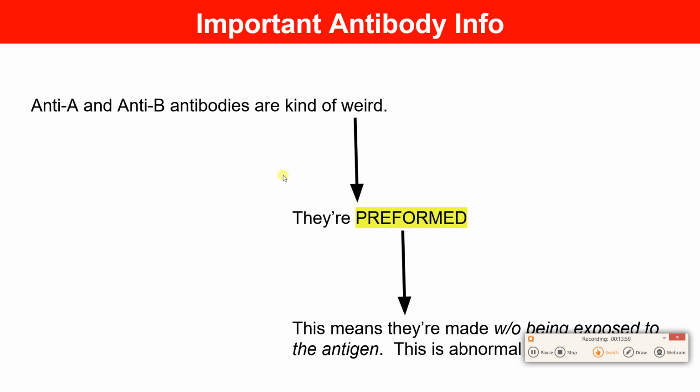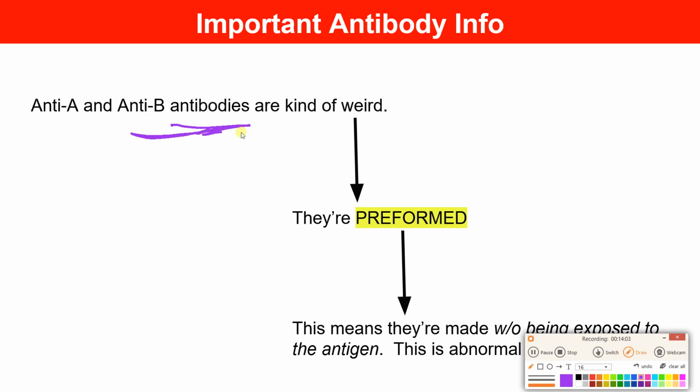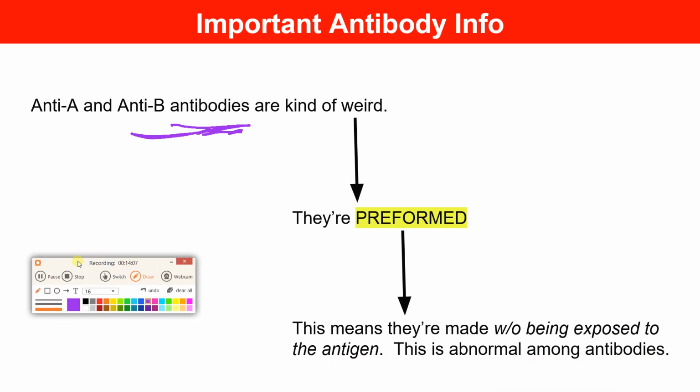Amongst antibodies, these are weird. They're weird antibodies, okay? They're weird because they are said to be preformed, which means they're made without exposure. Usually your immune system makes antibodies upon exposure.